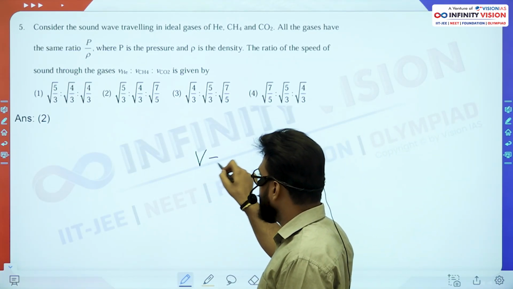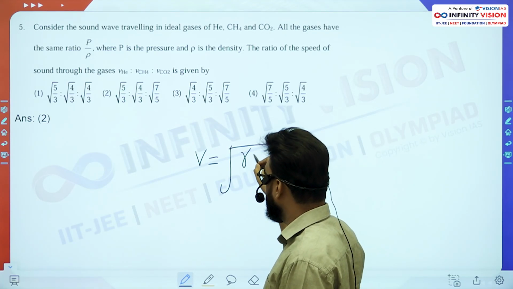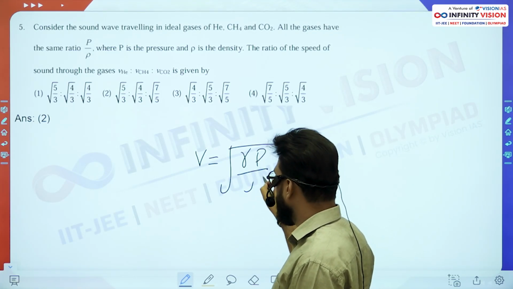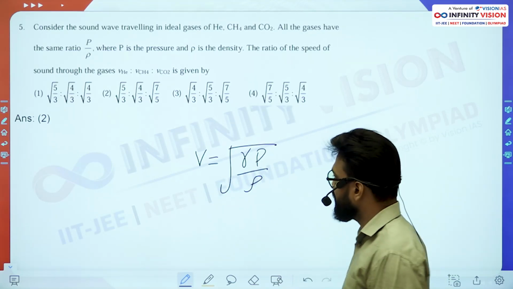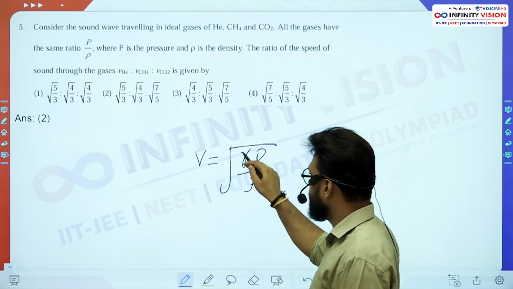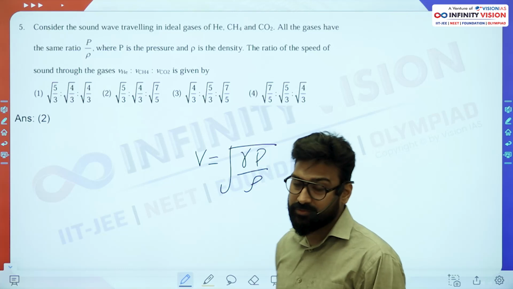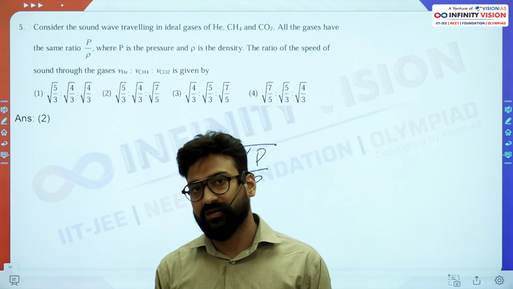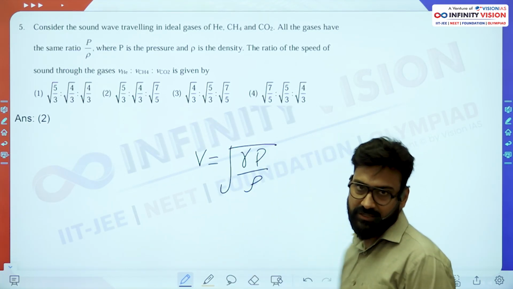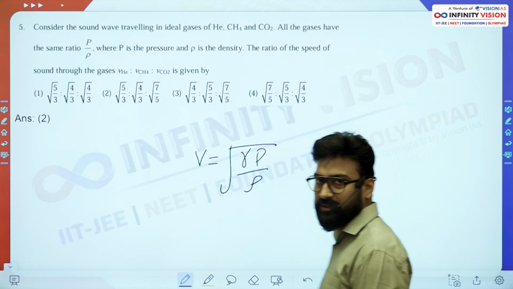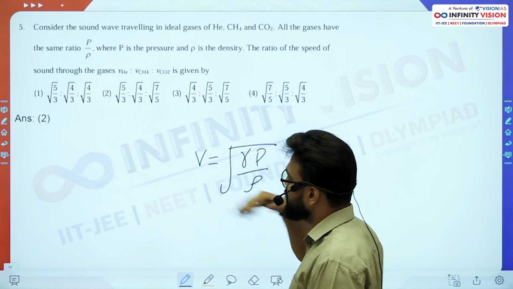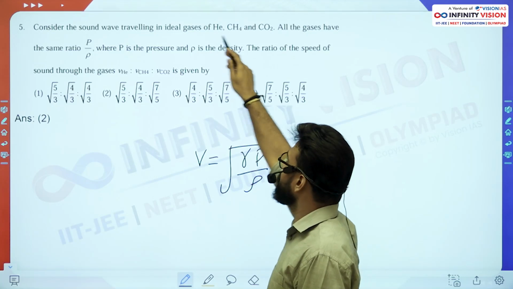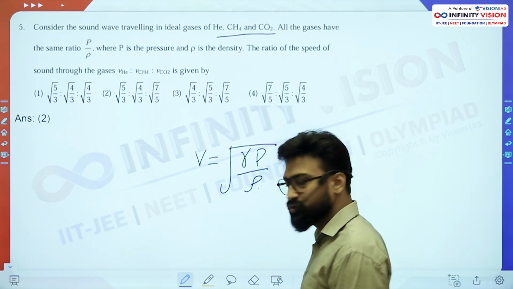The velocity is given as v = sqrt(gamma P / rho). This is the relationship of speed of sound in a gas, where gamma is the ratio of molar heat capacity at constant pressure to that at constant volume, Cp by Cv.